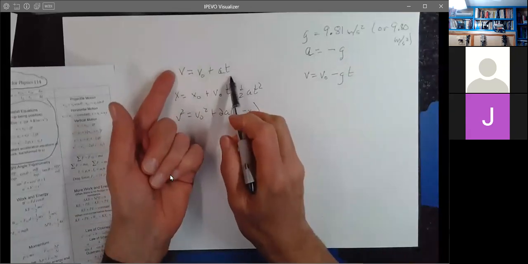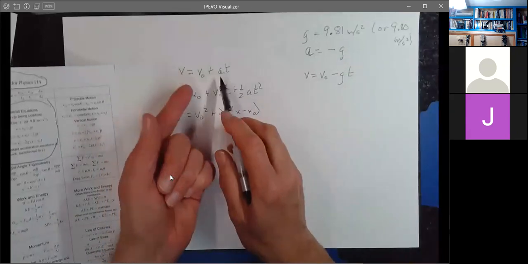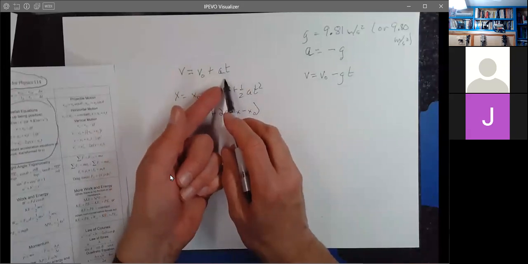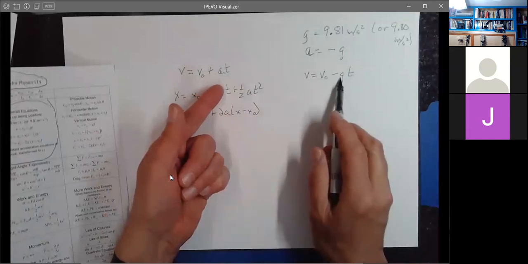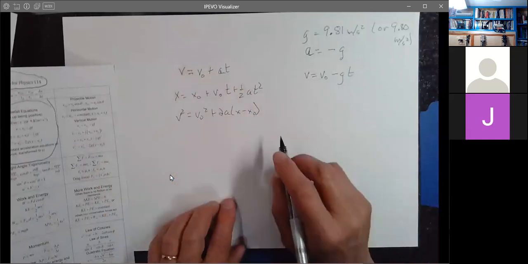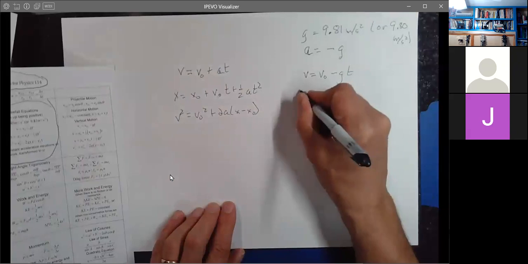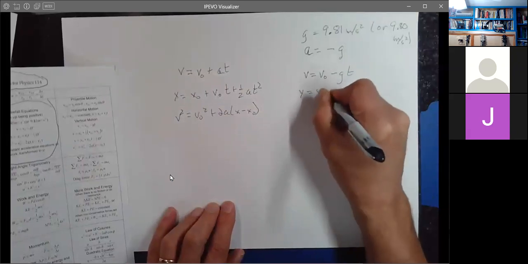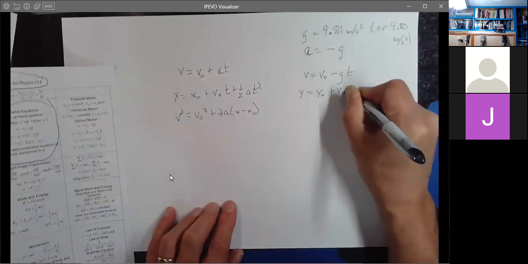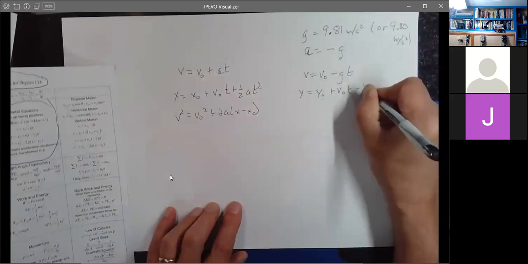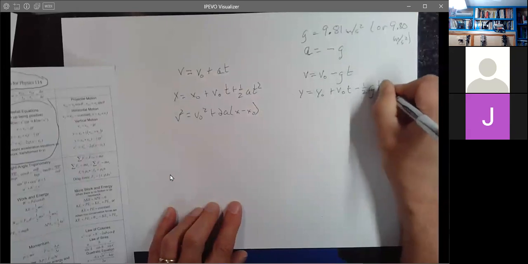It just happens to have an acceleration that's in the negative direction, and it has a value of little g. And then we have y equals y naught plus v naught t minus 1/2 gt squared.